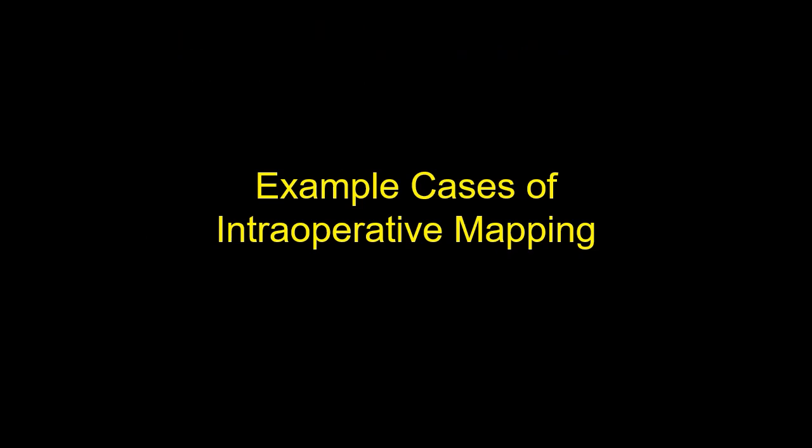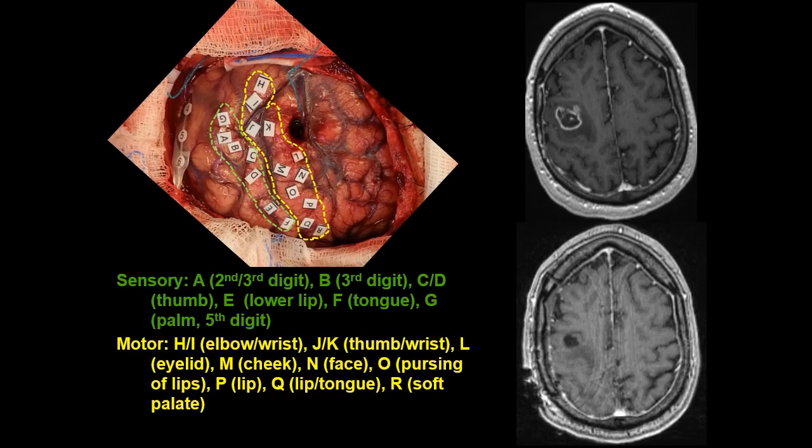Now we'll move on to some examples of cases involving intraoperative mapping. First, sensory motor. Shown here is a direct electrical stimulation based map of the primary motor and sensory cortices of a patient harboring a lesion within the anterior portion of the hand knob of the precentral gyrus on the right side.